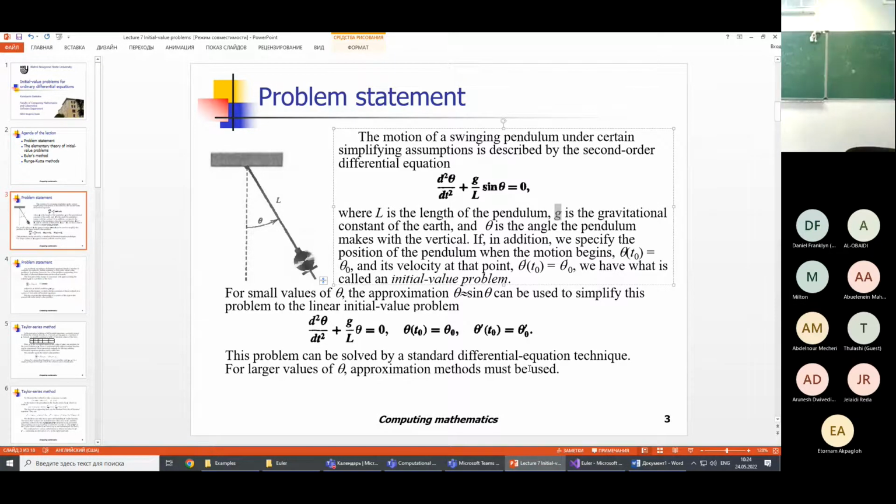And during this lecture, we consider methods for finding solutions to differential equations numerically, how to solve differential equations that cannot be solved by standard techniques, that don't have a simple solution.